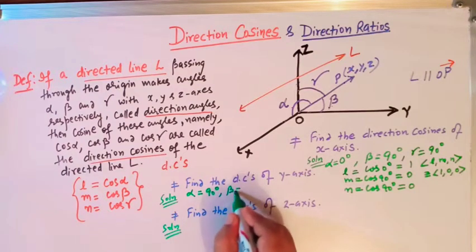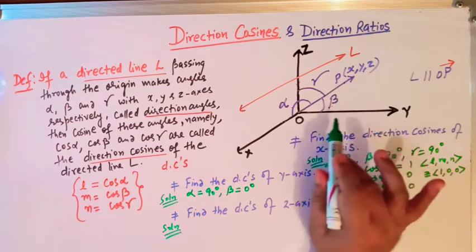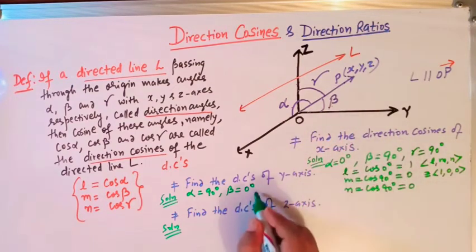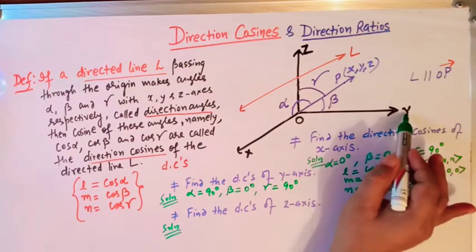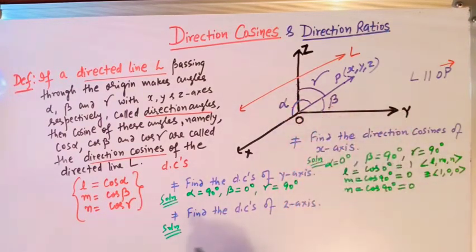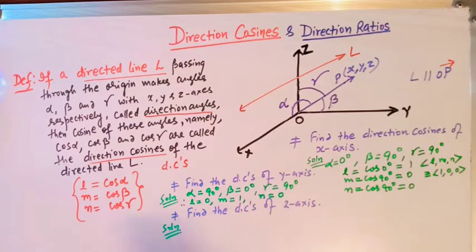Now beta is 0 degree, because the y-axis makes an angle of 0 degree with itself, and gamma is 90 degree, because the angle between the y and z axis is 90 degree. So therefore l is 0, m is 1 here, because cos of 0 is 1, and n is 0.